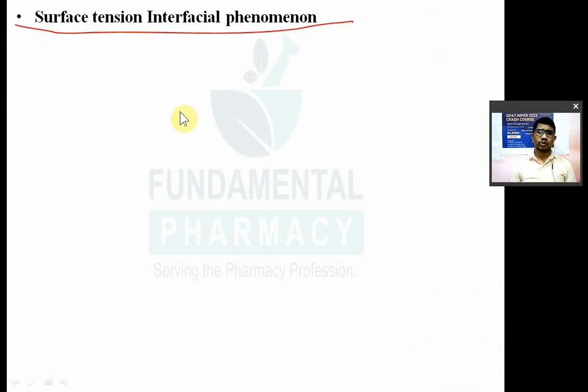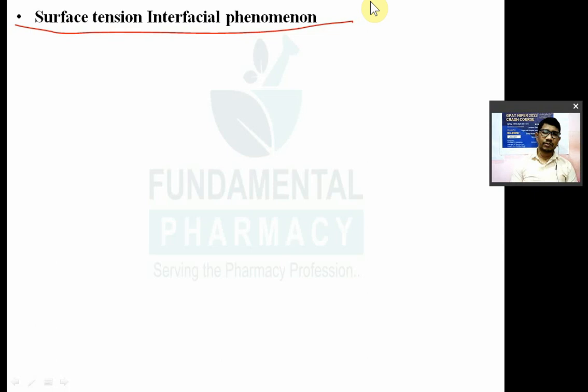First of all, you should understand what you mean by surface and what you mean by interface. A surface is a thin limit of contact. A surface occurs between the solid and gaseous state, or between the liquid and gas state. There is a thin layer of contact known as a surface.